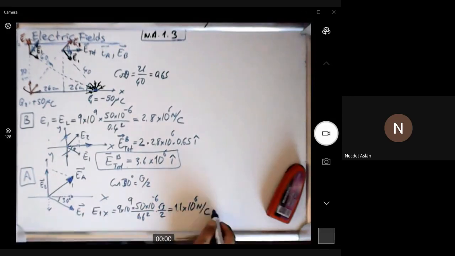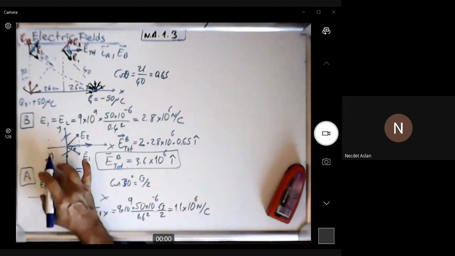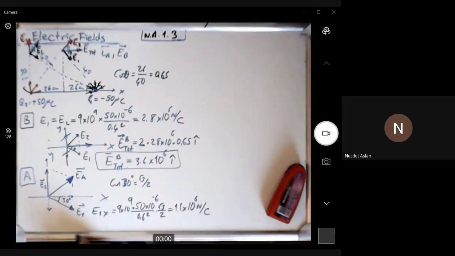No vector sign on the left, so we put the unit again. So this was easy to handle, the x component. The y component is obtained by multiplying by sine theta.